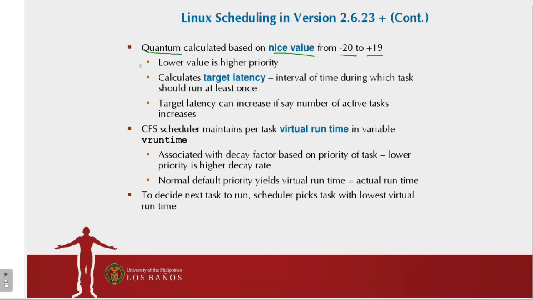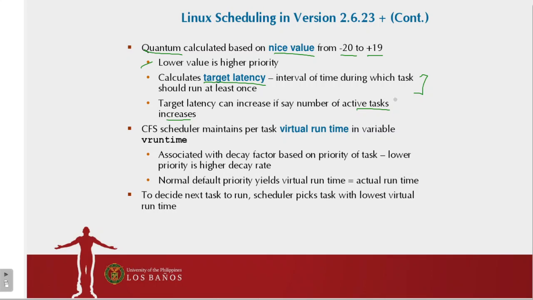The lower value is higher priority. It calculates a target latency, which is the interval of time during which tasks should run at least once. There's a mechanism to do this to make it fair to all the processes. The target latency can increase if the number of active tasks increases.